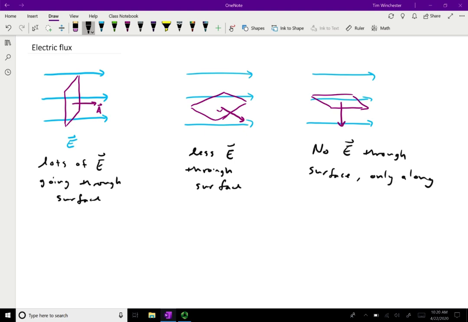Okay, so we can make a distinction between these three cases by trying to figure out a way to characterize the amount of electric field going through the surface in each case. Okay, so that quantity we call the electric flux. And we represent it with the Greek letter phi, and because there's more than one kind of flux, phi e.